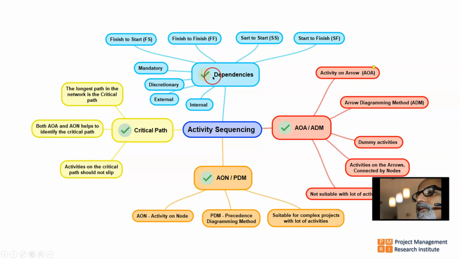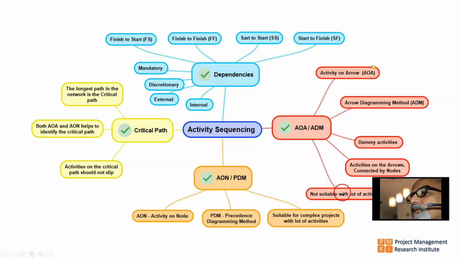Then we get the activity on arrow diagram, that is ADM, or the activity on node diagram, that is PDM. In activity on arrow or ADM, activities are on the arrows. It is also known as arrow diagramming method. It uses dummy activities to show relationships, and dummy activities don't have any duration by themselves, so you can use as many dummies as possible.